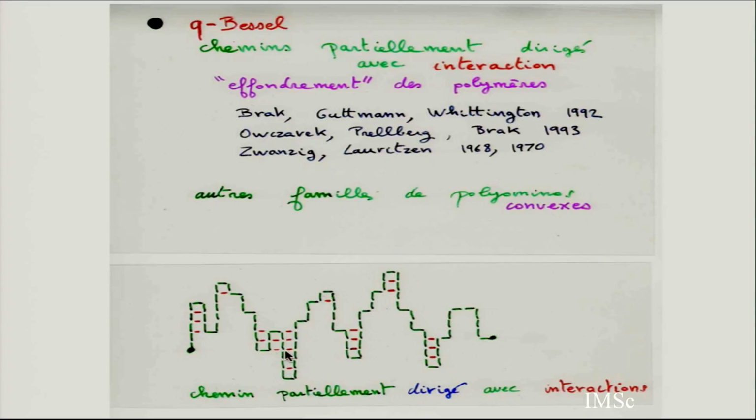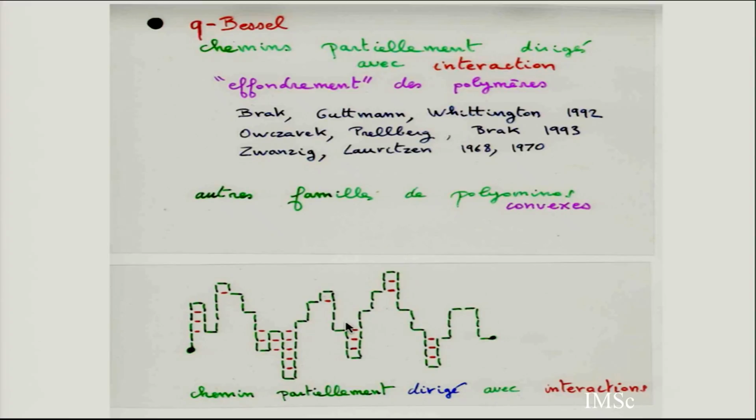As soon as you have two vertices which are close together, there is an attraction or a repulsion. So we are counting this path by the number of red edges. And again, some Q-Bessel function appears. So again, it can be explained with some other modified bijection. So this is the spirit of this appearance of Q-Bessel in physics.